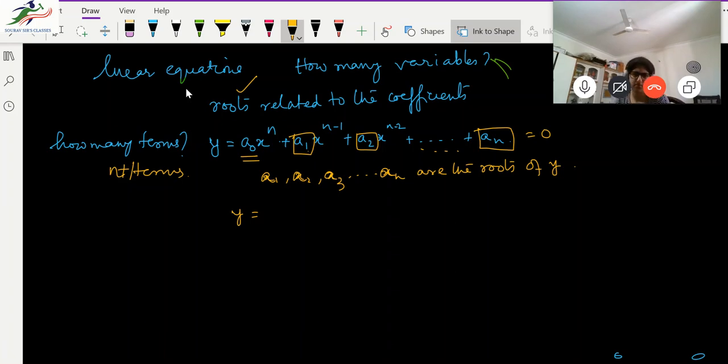Okay, let us look at a simpler equation. y equal to x square minus 3x plus 2. How can we get the roots? By middle term splitting, we can.